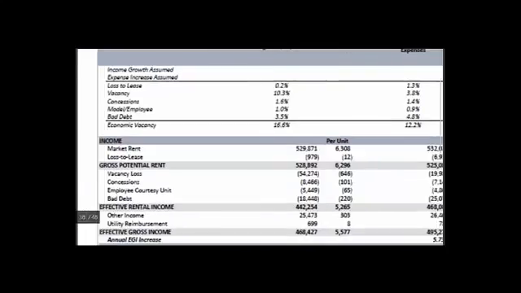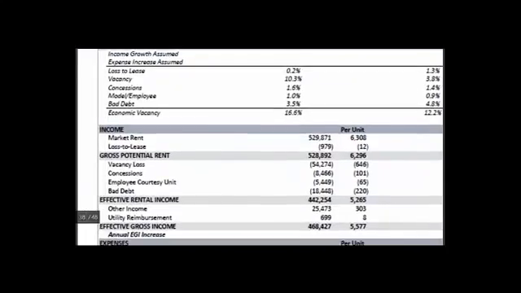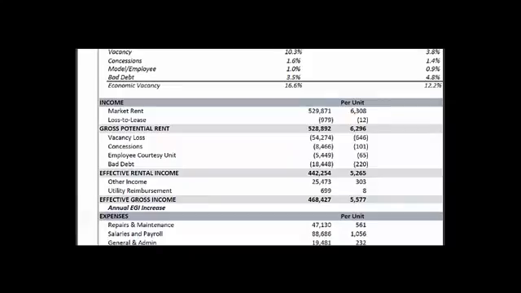Now remember, according to them, the effective rental income, look at this number right here, 529, and they say they collected 442,000. So we went from a top line market rent number of 529, and actually we're showing that number to be 541. But at the end of the day, after we've taken the vacancy loss, the loss to lease, any concessions, any bad debt, all of those types of things, the effective rental income is $442,254. Okay. So there we go.